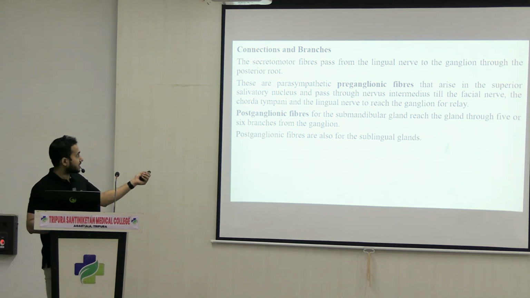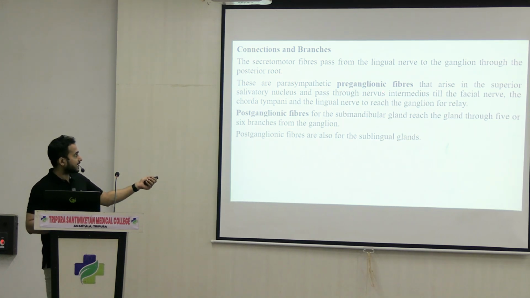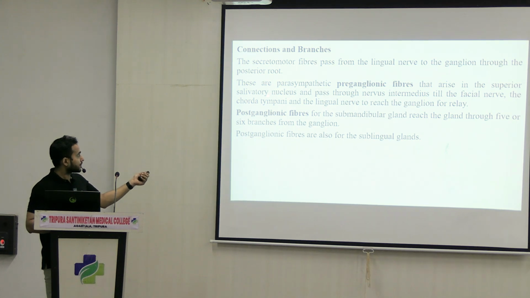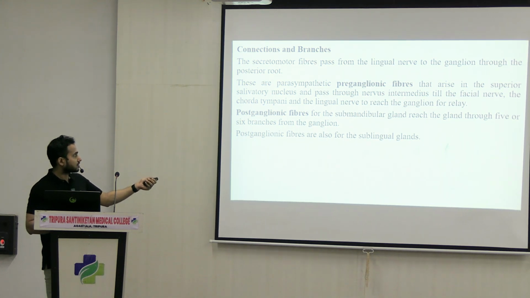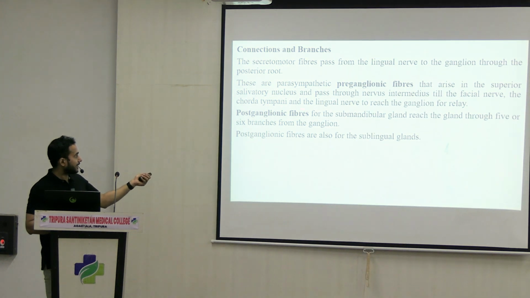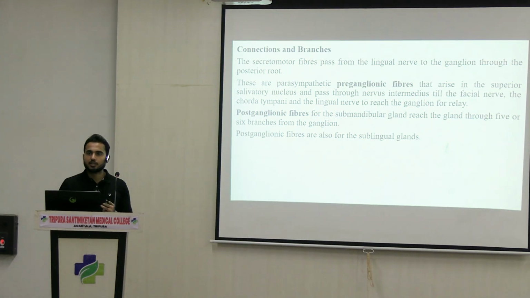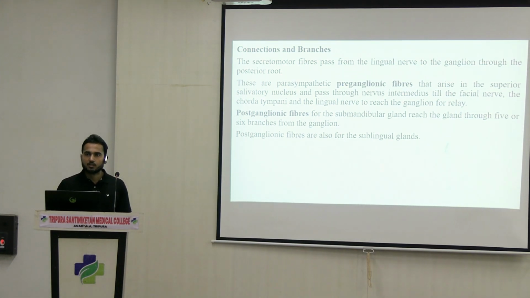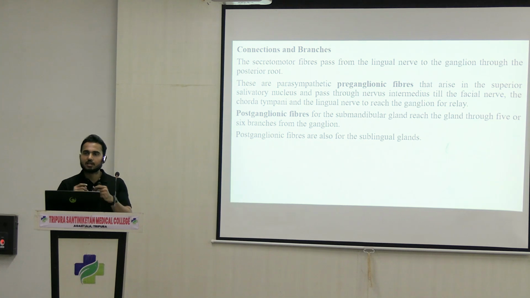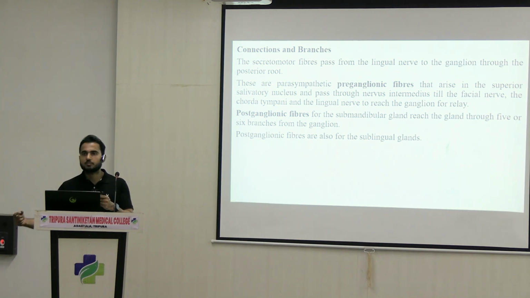As you can see, the parasympathetic preganglionic fibers arise from the superior salivatory nucleus, pass through the nervus intermedius up to the facial nerve, then the chorda tympani, and then the lingual nerve to reach the ganglion. Now in the ganglion they will relay. Next, after relaying, the fibers which are coming out from the ganglion are postganglionic fibers.